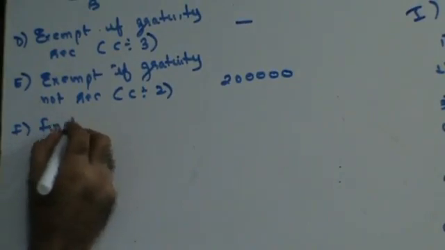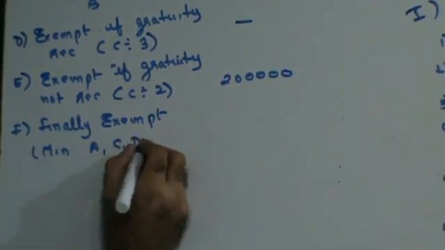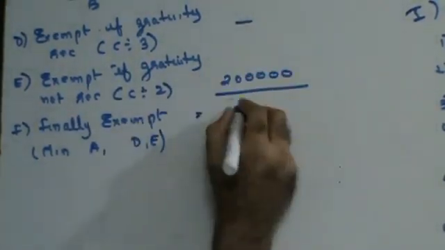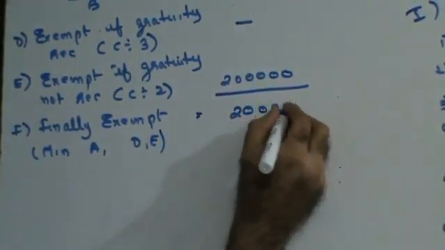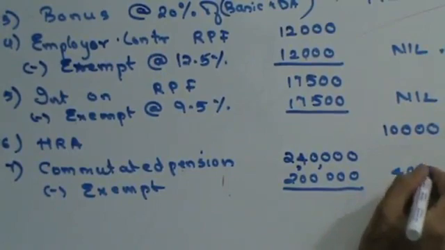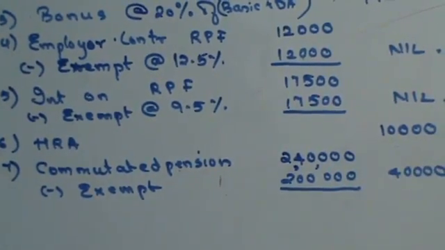Finally, exempt is minimum of A, D and E. D is not applicable, so the exempt amount is 2 lakhs. So here you write less exempt 2 lakhs. This is going to be 40,000. So commuted pension is going to be 40,000.